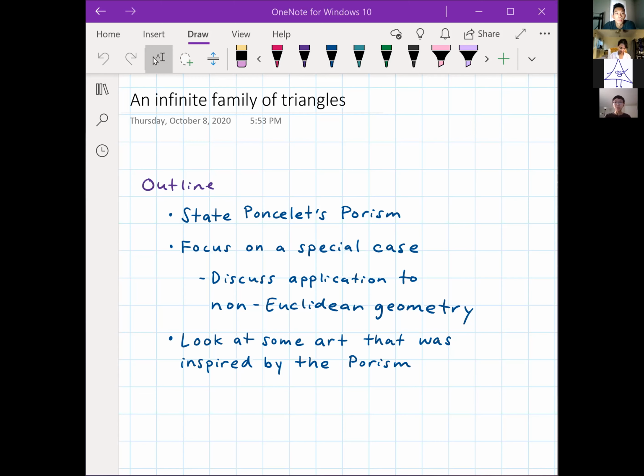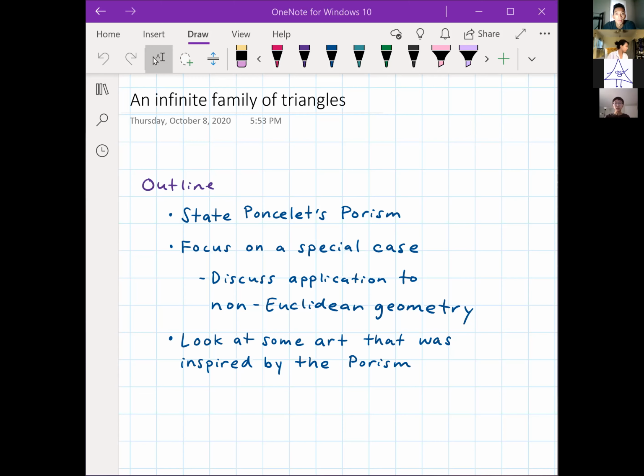My goal for this talk is to provide some intuition for what's going on with this theorem, and tell you also why it's so important to me personally. Just to give you an idea of what I'll be talking about today, here's an outline. I'll start by describing the setting for the theorem and talking a bit about the theorem statement. Next we'll focus on a special case of the theorem involving triangles.